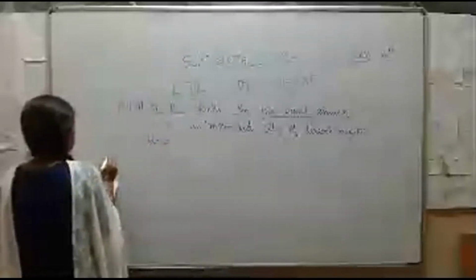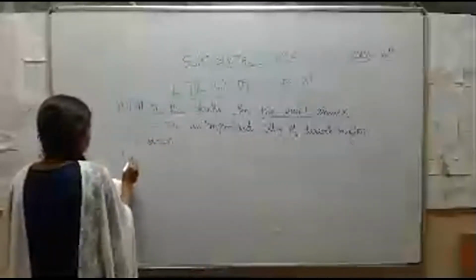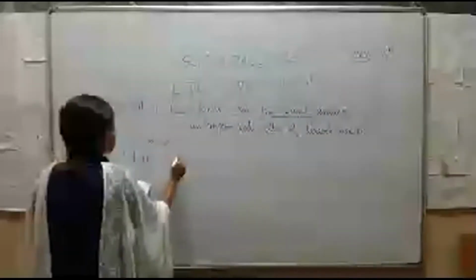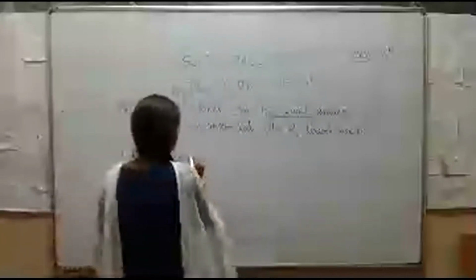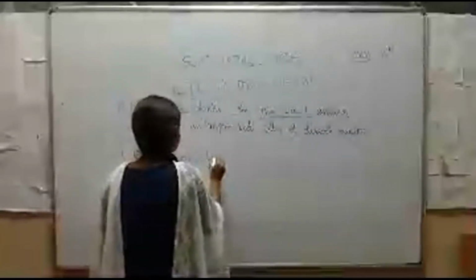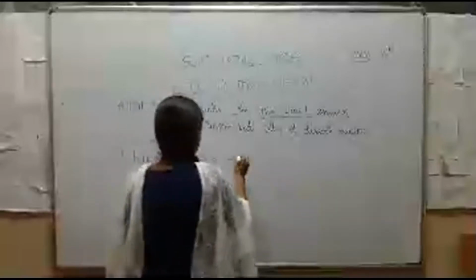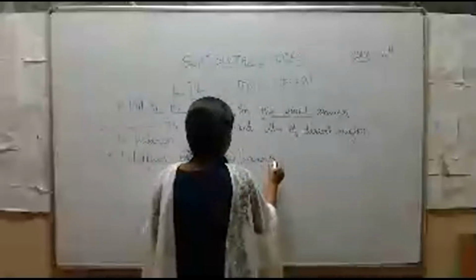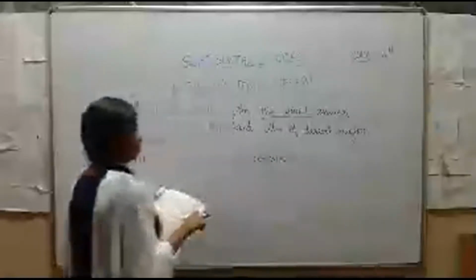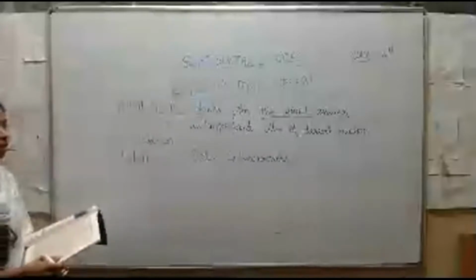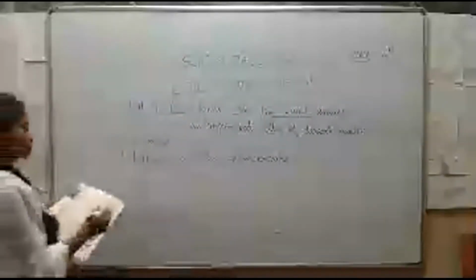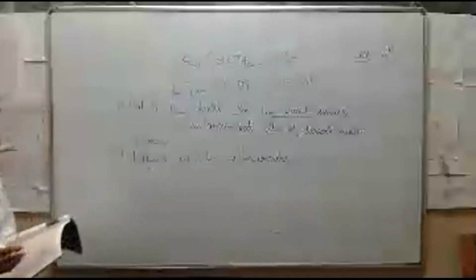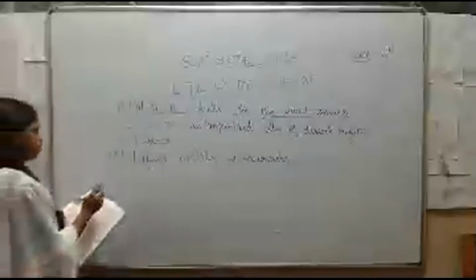Option A, Udaipur. Option B, Ooty. Option C, Rourkela. So they are asking for an important city which comes under the desert region. Which is the city? Udaipur is the city which comes under the desert region in Rajasthan.